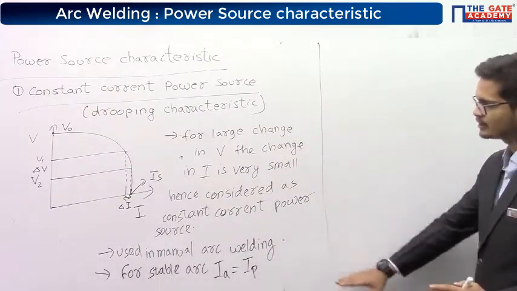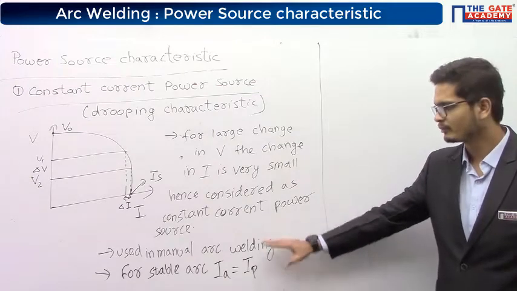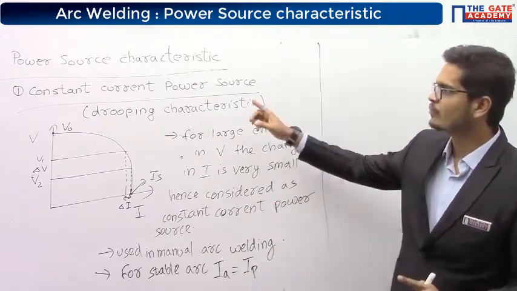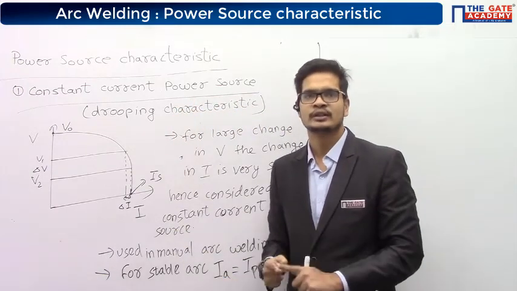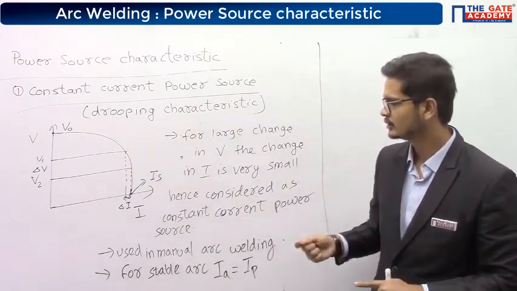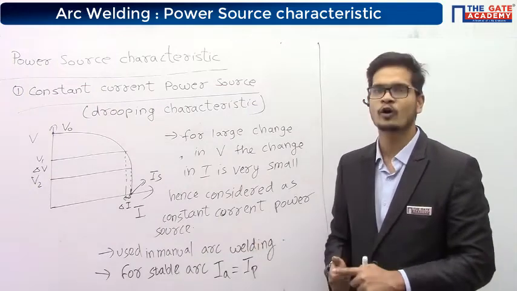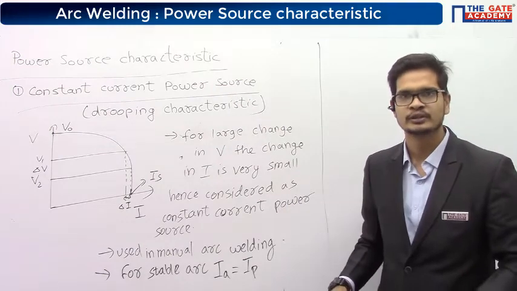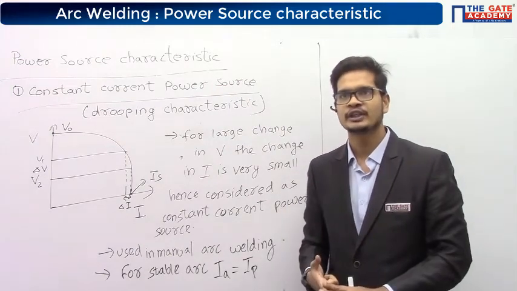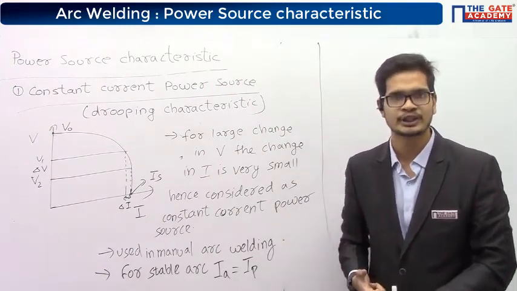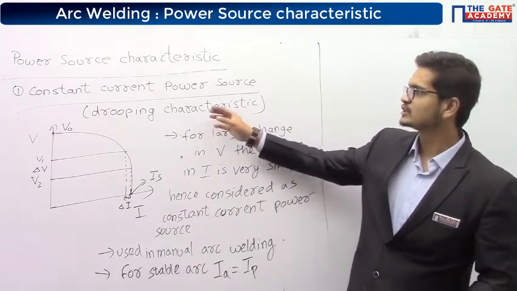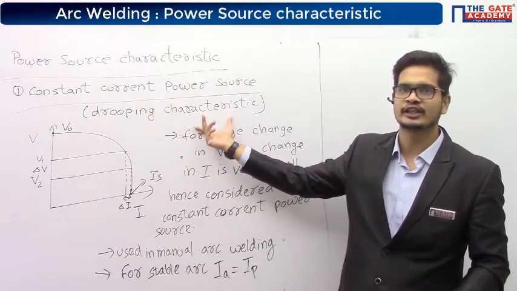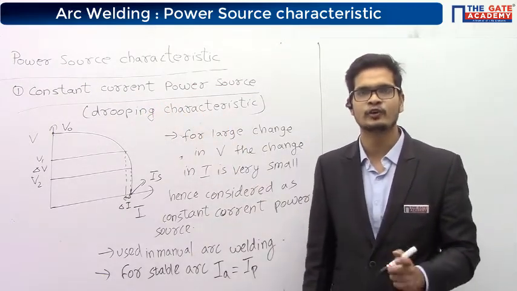Don't go into much depth, just remember these things. Till now, only one question has been asked on constant current power source: in manual arc welding, what kind of power source is used? Constant current power source. In engineering services, they asked why manual arc welding has a drooping characteristic.